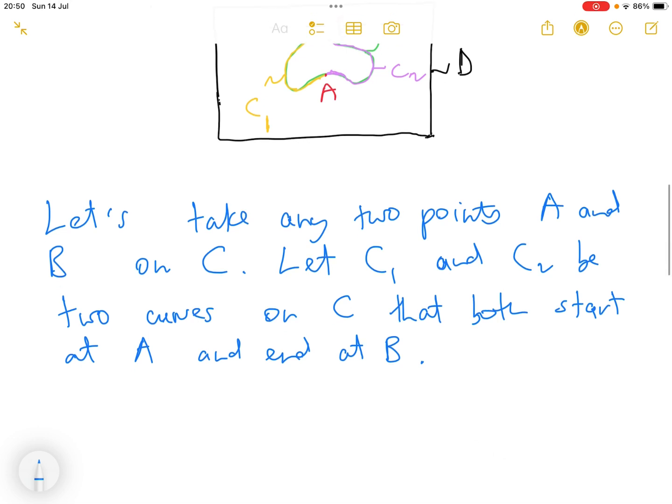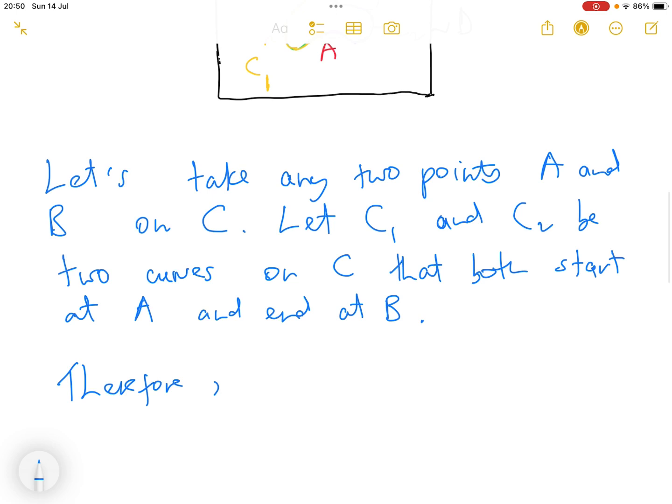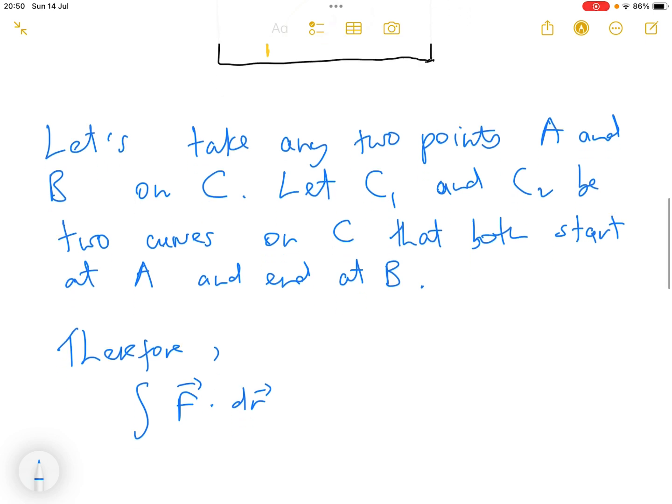Now, therefore, the line integral of f along this closed curve C is equal to the line integral along C1 plus the line integral of f along C2.